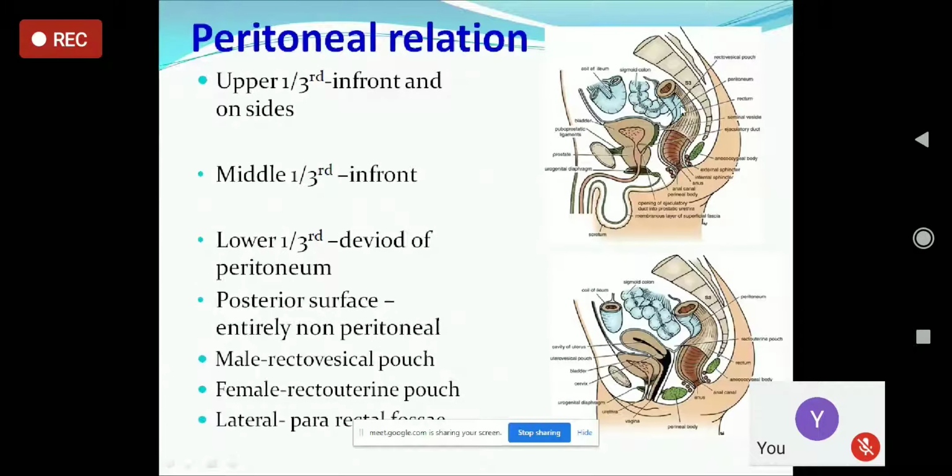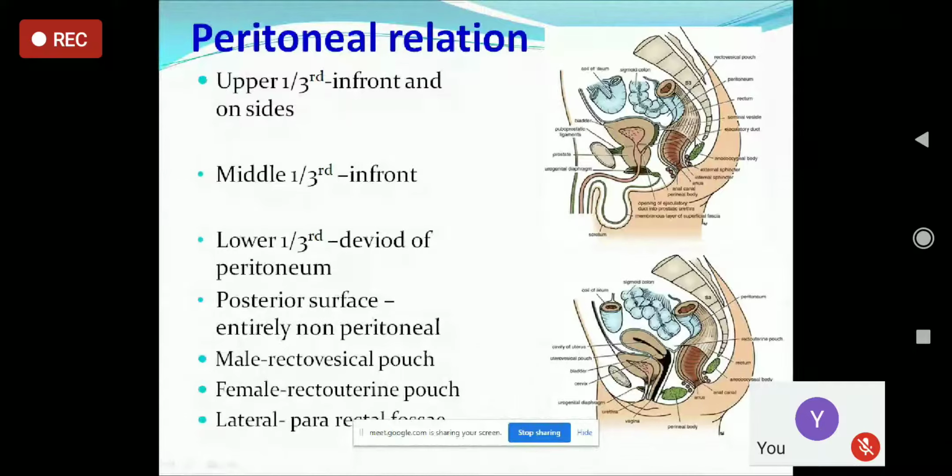Look at it. This is the rectal position. The upper one third in front is covered by peritoneum, the middle one third is covered by peritoneum in front only, and the lower part is not covered by peritoneum. Look at it, this blue color is the peritoneum.